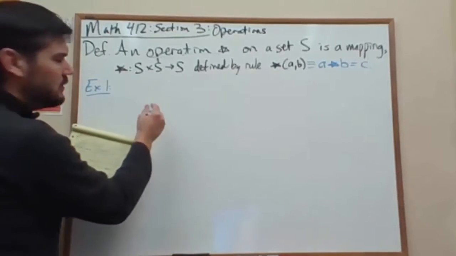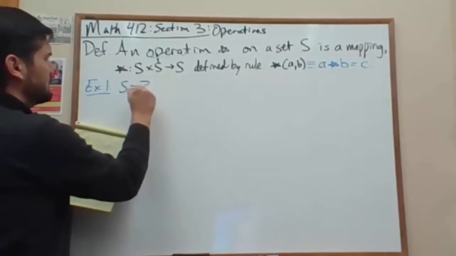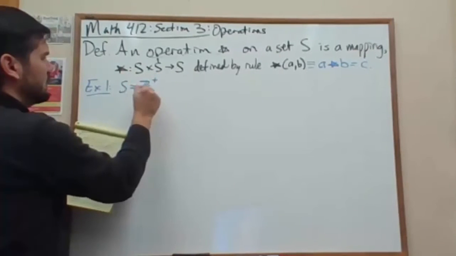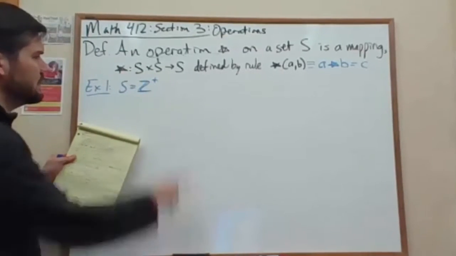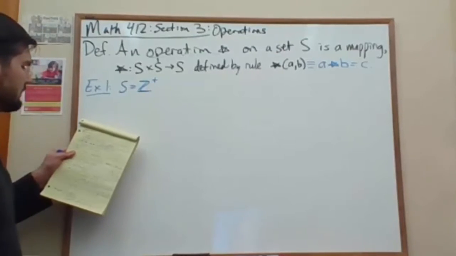Let's look at an example where S is a set of positive integers. I use a Z plus with a little extra line there.